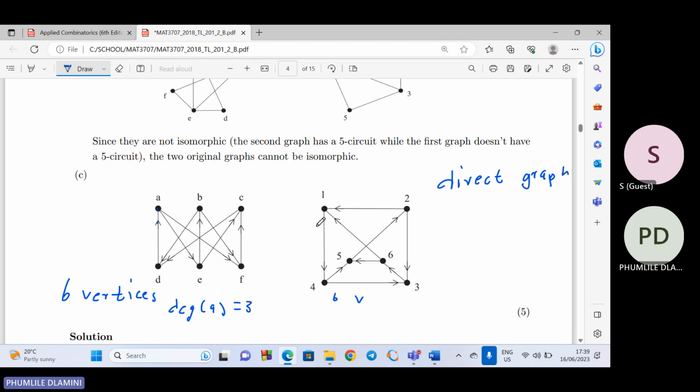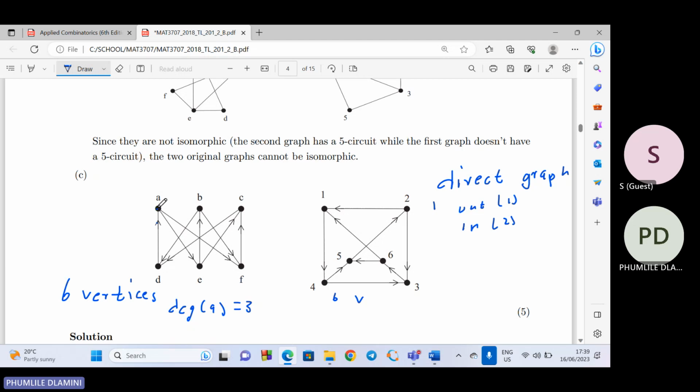For A, the first degree is 1, 2, 3. But the problem is that in the directed graph we are given arrows pointing in and out. I talked to you about the out and the in. In vertex 1 we have 2 in-degree and 1 out.